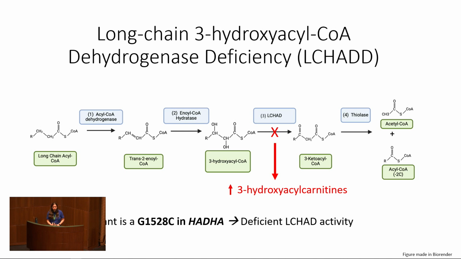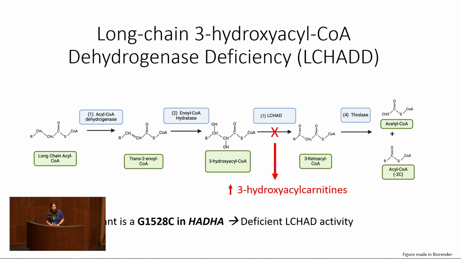So LCHADD stands for long-chain 3-hydroxyacyl-CoA dehydrogenase deficiency, and this is a long-chain fatty acid oxidation disorder. Patients can't metabolize fatty acids that are between 12 and 20 carbons in length, and probably the most common is palmitate, which is 16 carbons in length. LCHADD patients commonly have a pathogenic variant, this G1528C missense variant in the HADHA gene.